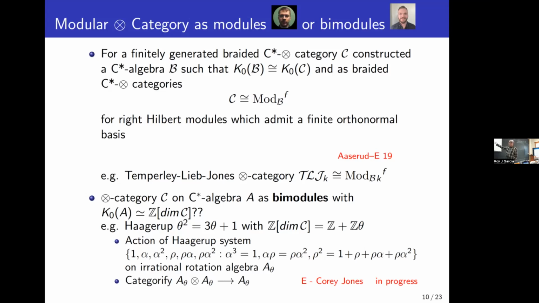I take all possible C-star algebras which have this K0, but maybe a non-trivial K1. And an example of that is the irrational rotation algebra for this rotation by theta.